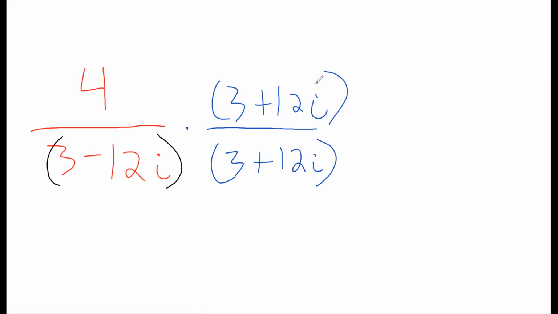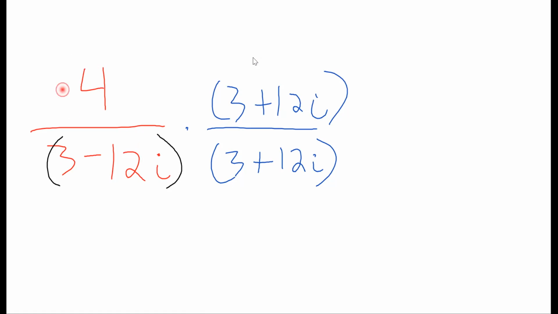What I would argue is think of it as if the denominator's also in parentheses, because what you're saying is multiply this whole denominator by this whole denominator, which means you're going to have to FOIL. Up here, you're going to have to distribute.